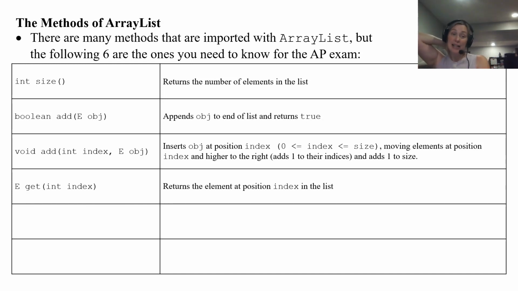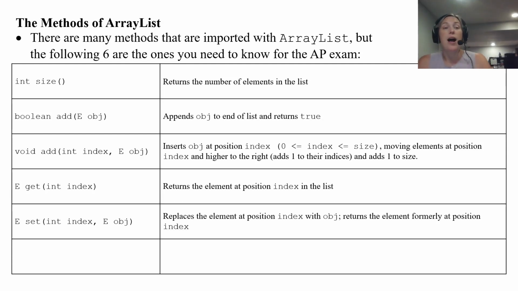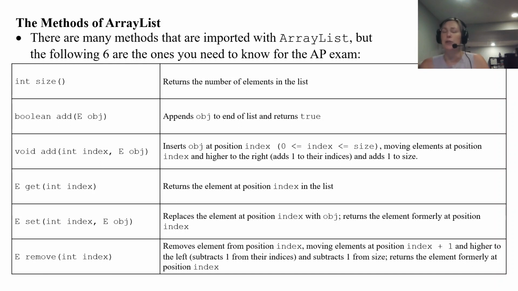We have the get method, which is just an accessor. It gets whatever is in the location of the index you pass it, so it returns the element wherever that is. We have the set, which replaces the object at position index with whatever you would like, and it returns the element that was formerly at that position, if you needed to use that in your code.